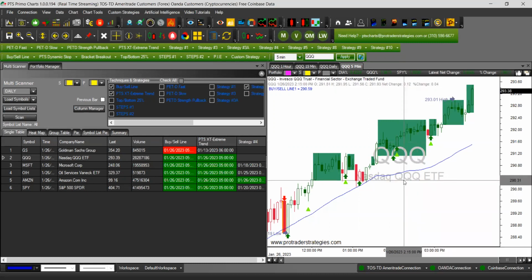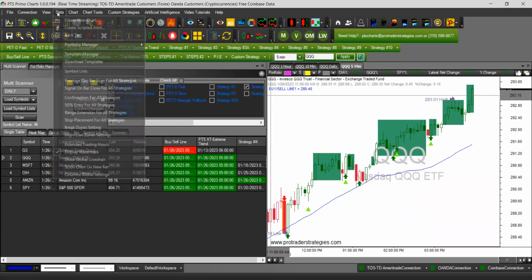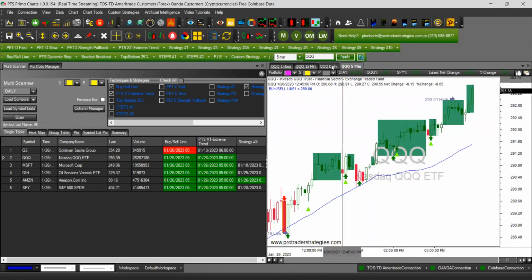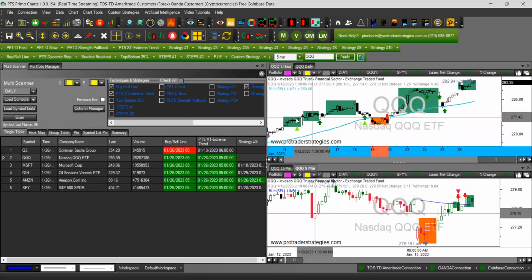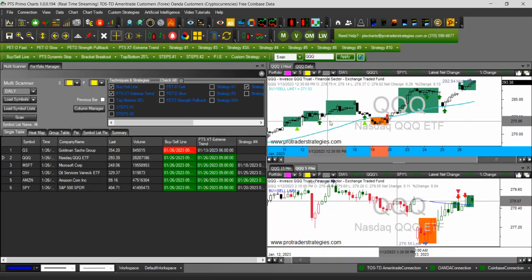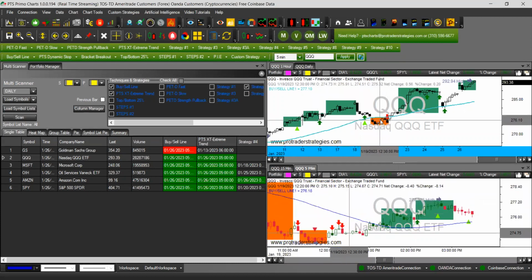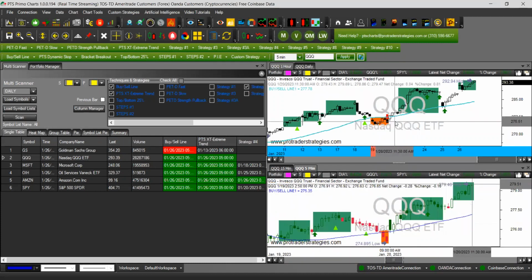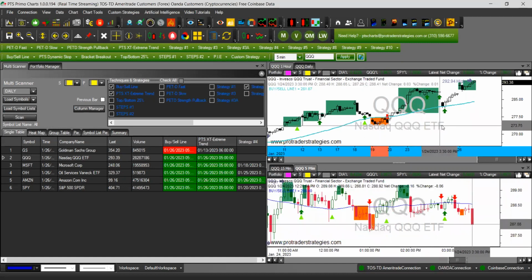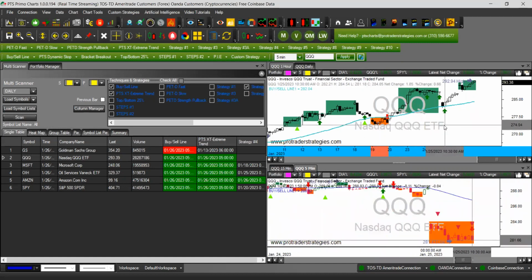There is another option here that you may want to use. That is the global crosshair. With the global crosshair, what happens is, let me change this setting like this. As you can see, as I move on the top chart, the crosshairs are moving and adapting to the time frame of the chart at the bottom.